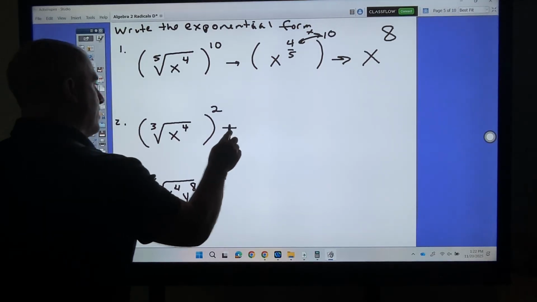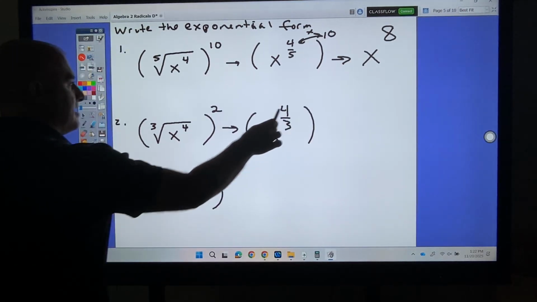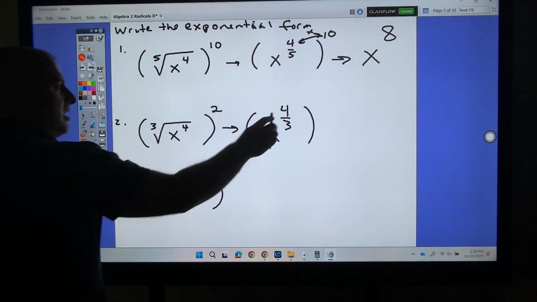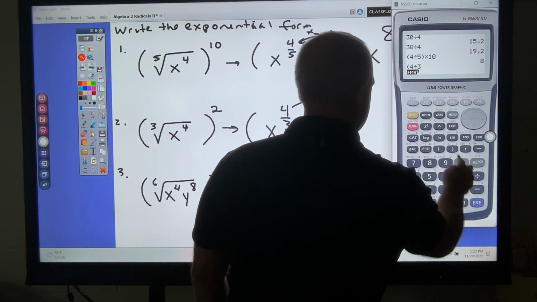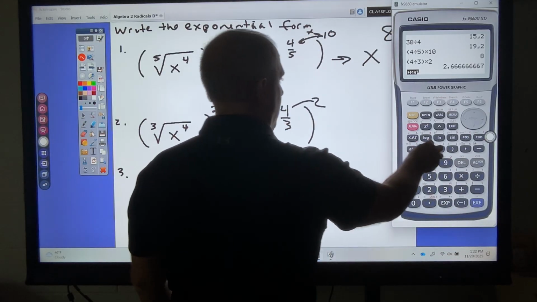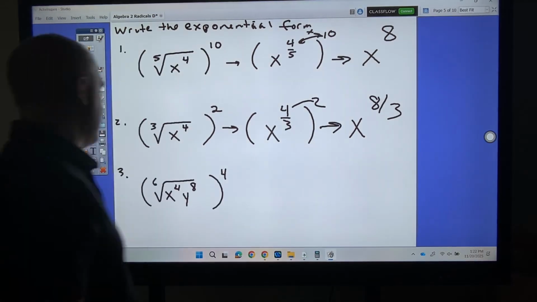Okay, this one right here would be x to the 4/3, inside and root, then squared. So I'm going to multiply those. 4/3 times 2. Hit the fraction button. That's 8/3. Okay?